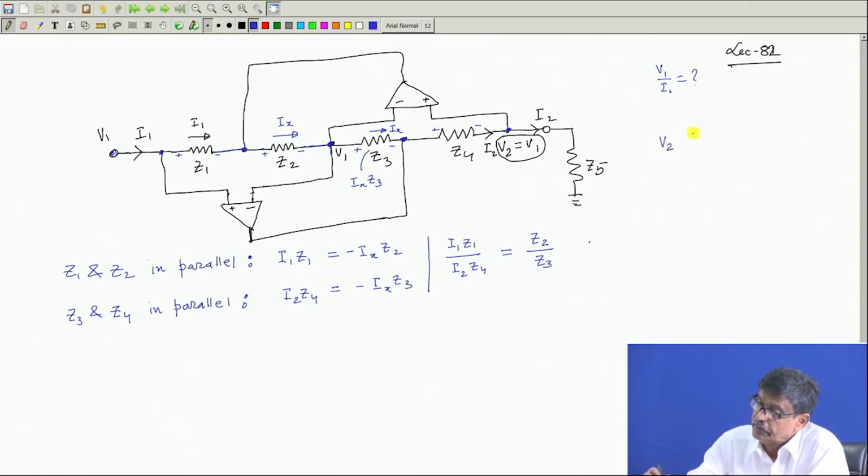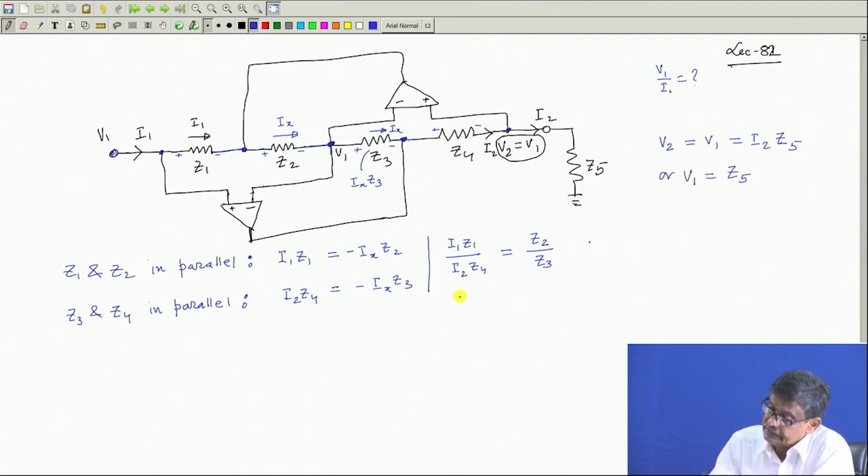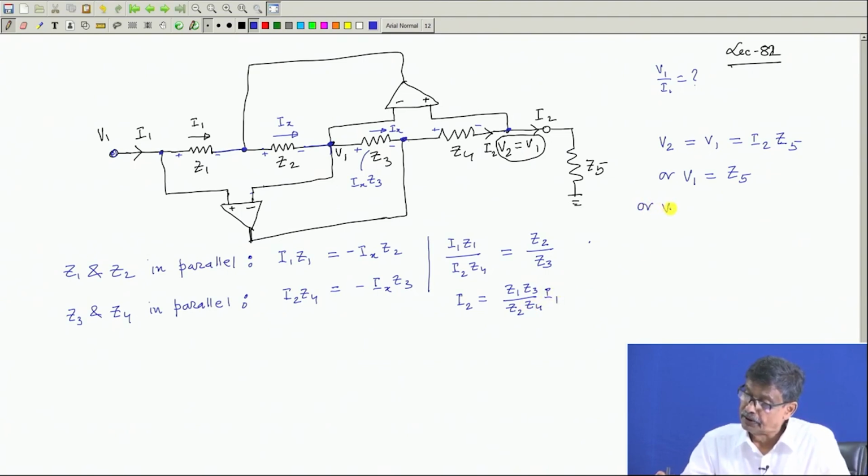V2, which happens to be equal to V1, will be equal to I2 into Z5. So V1 is equal to Z5 into I2, and I express I2 in terms of I1, which will be Z1 Z3 divided by Z2 Z4 into I1. Therefore, V1 is equal to Z5 into Z1 Z3 divided by Z2 Z4 into I1.